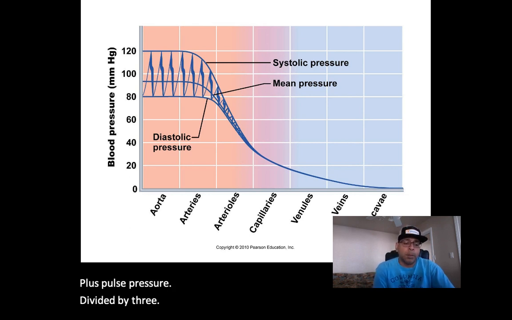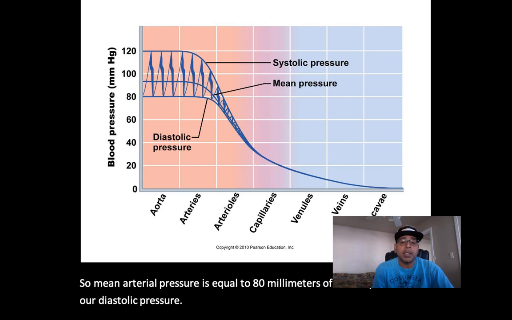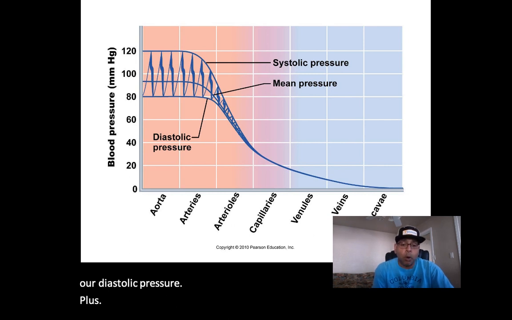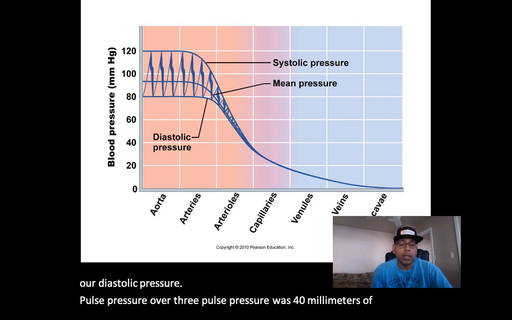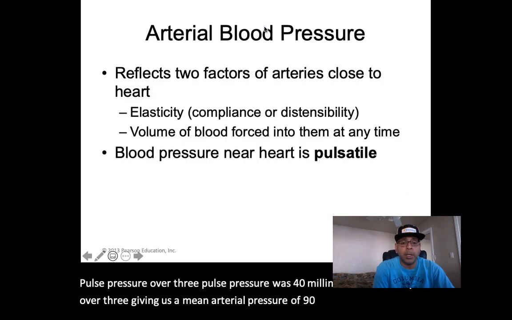So mean arterial pressure is equal to 80 millimeters of mercury, which was our diastolic pressure, plus pulse pressure over 3. Pulse pressure was 40 millimeters of mercury over 3, giving us a mean arterial pressure of 93 millimeters of mercury.